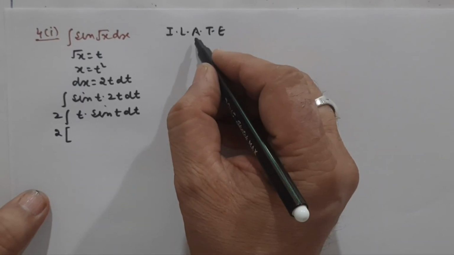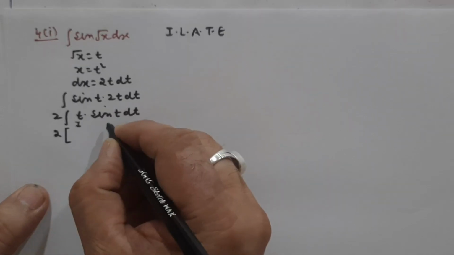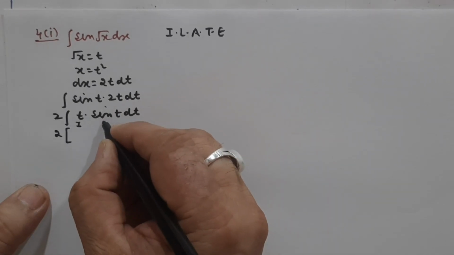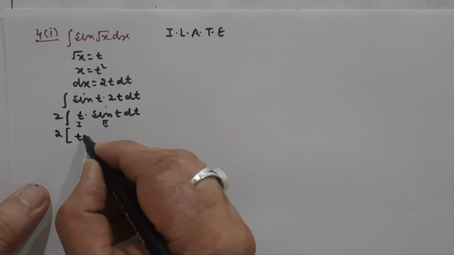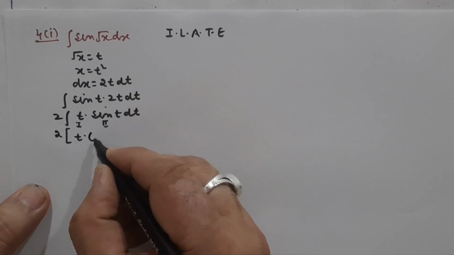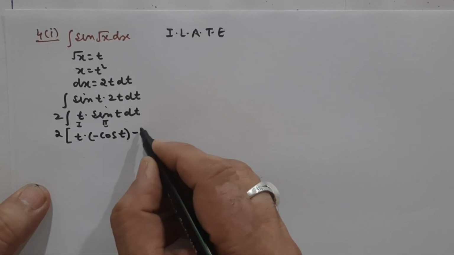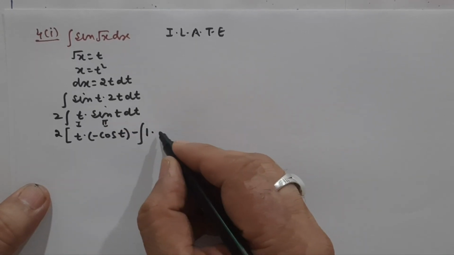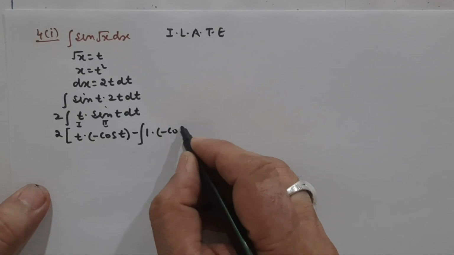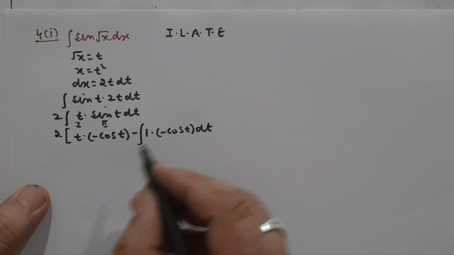So algebraic comes first, so we will take t as first function and sin t as second function. So applying the formula, first function into integral of second function, integral of sin t is minus cos t, minus integral of derivative of first, which is 1, into integral of second function, minus cos t.